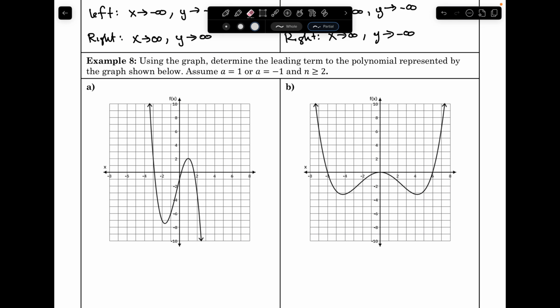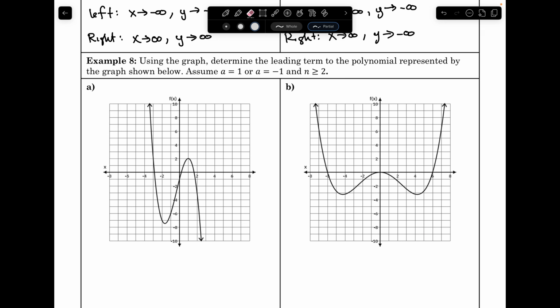We can also use this information, given a graph, to determine at least what the leading term is going to be. We can then use the x-intercepts and things like that to determine the actual polynomial, which we'll do later. Right now we're just focusing on that leading term.